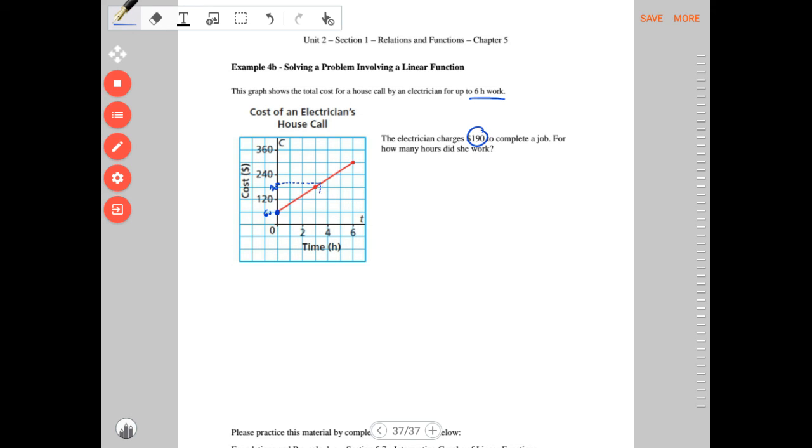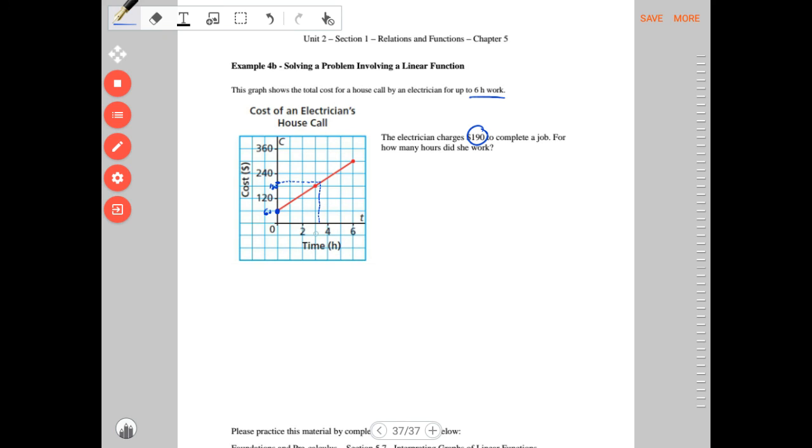And we scroll down, and that looks like 2 hours, 3 hours. So 3 and a bit, 3 and a quarter hours maybe. That's pretty close for the graph that we have, but again, that's not super accurate.